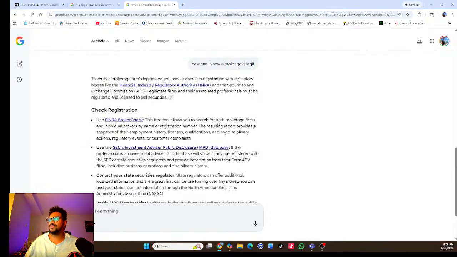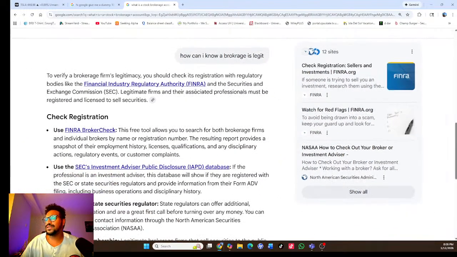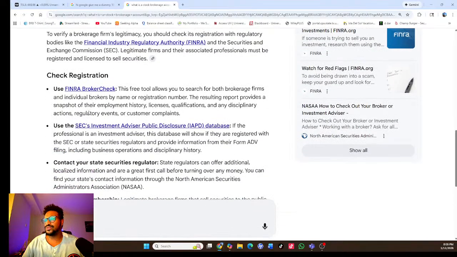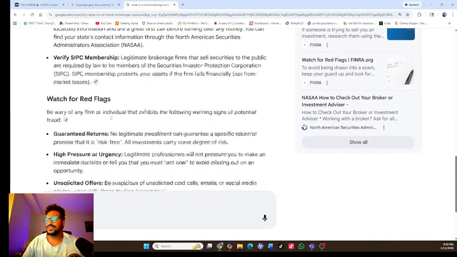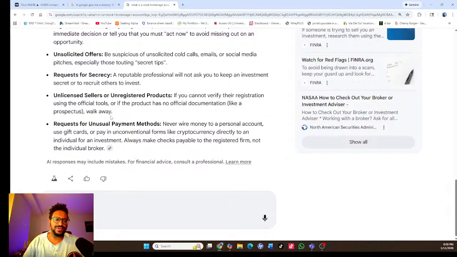To verify a brokerage's legitimacy, you should check its registration with regulatory bodies like the Financial Industry Regulatory Authority and the SEC. So you could use all these websites to check, like if someone on Instagram says, "Hey, give me your money and I'll invest it for you," or they create their own website and say, "Oh yeah, put your money there."